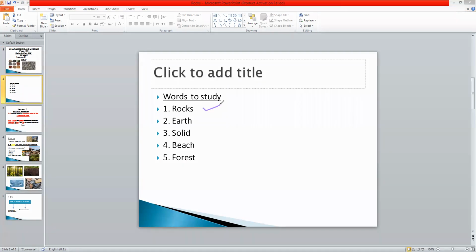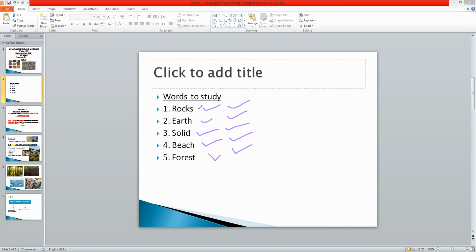We have the rocks. So you can create your smart cards, stick them to the wall, and keep learning them every day. We have rocks, earth, solid, beach, and forest.